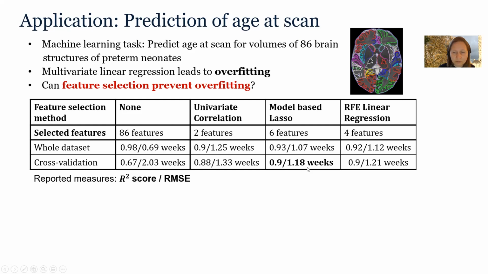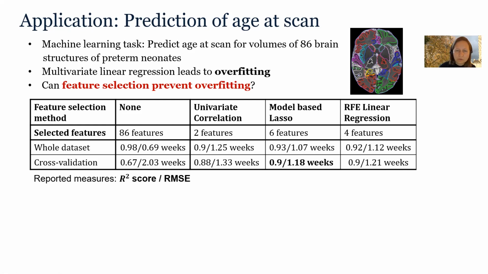So we have 1.18 weeks cross-validated root mean square error. And recursive feature elimination, where the ranking model was linear regression, performed best with 4 features, and we had cross-validated root mean square error 1.21 weeks.